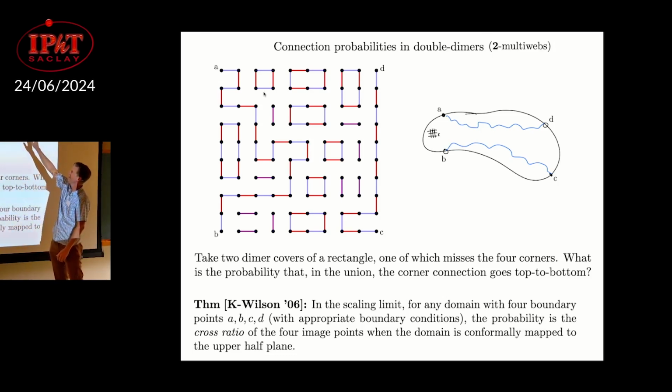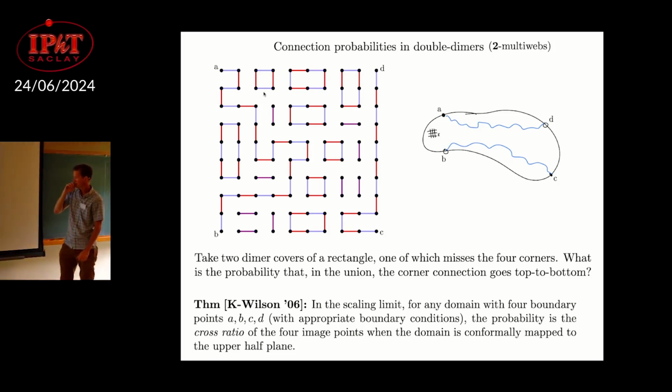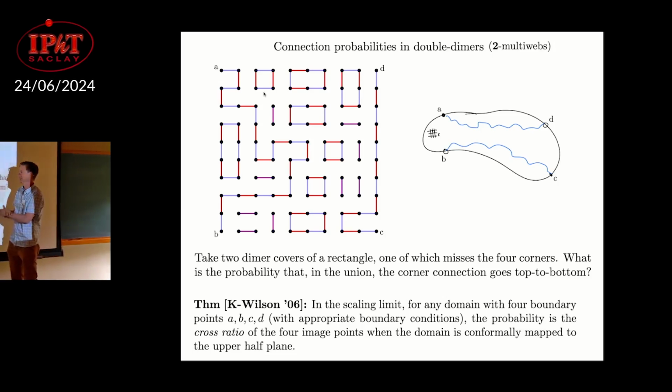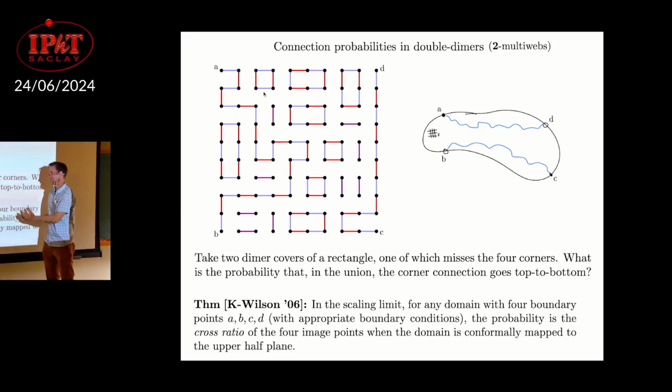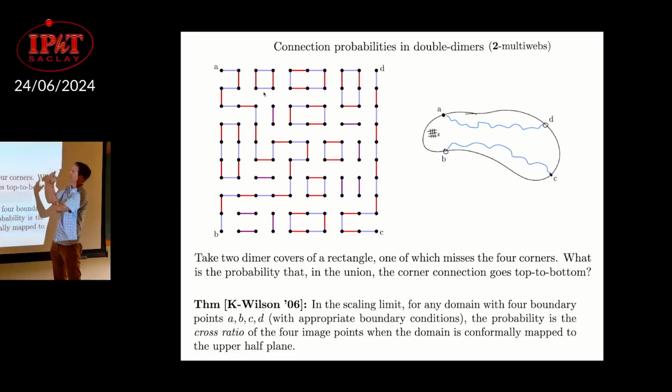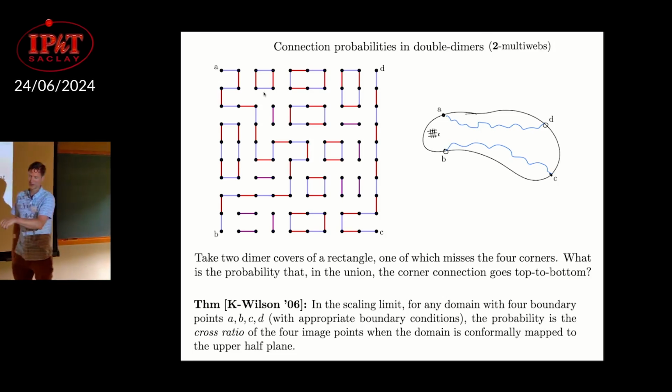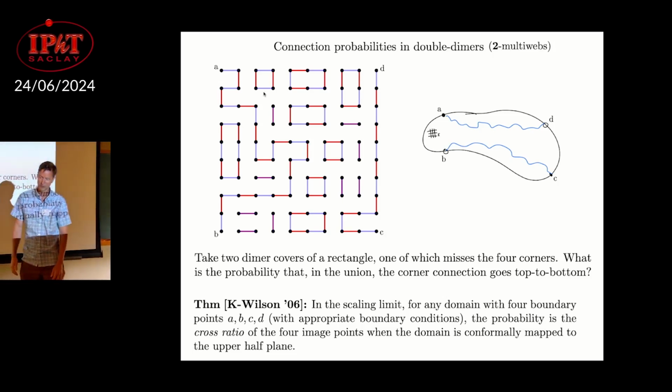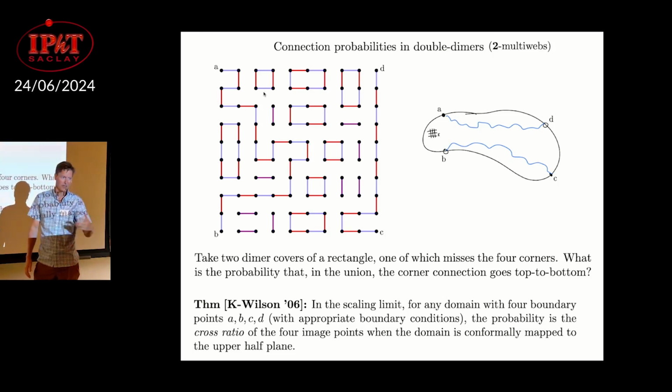One can prove that with appropriate boundary conditions, this number converges, and it is basically the cross ratio of A, B, C, D when you map them to the upper half plane. This is not a very difficult calculation to do, but it does indicate that there's some sort of conformal invariance in the dimer model, and this was the start of a long story of connecting the dimer models to conformal invariance and conformal field theory.